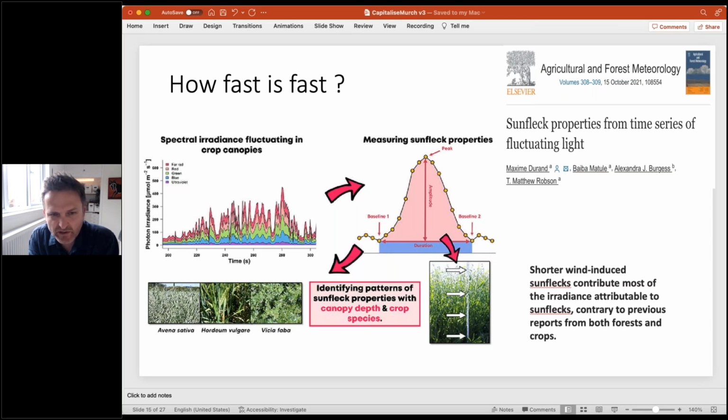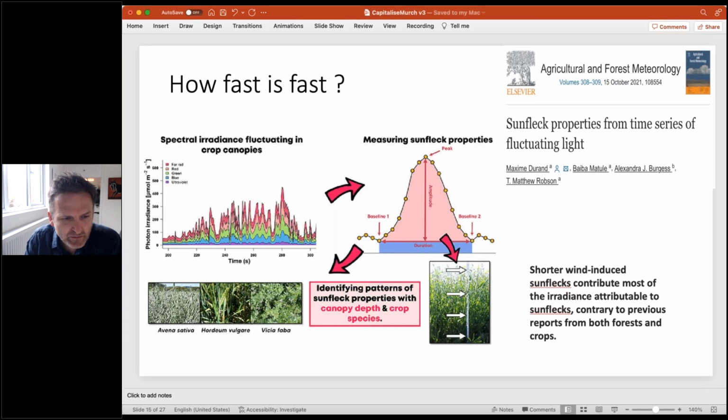So this method by Maxime Durand and Matt Robson and Alex Burgess as well used a mathematical approach to identify thresholds to filter out background noise and identify sunfleck properties in time and space. So sunflecks are notoriously hard to define, but this paper devised a method of tracking light fluctuations using complex data that provides a repeatable way of defining them as brief periods of high light relative to the background.